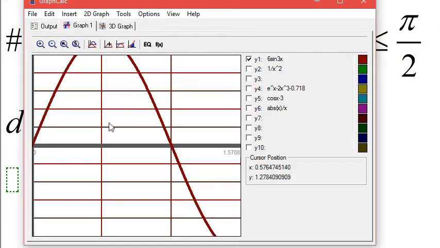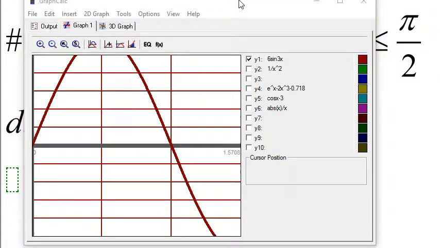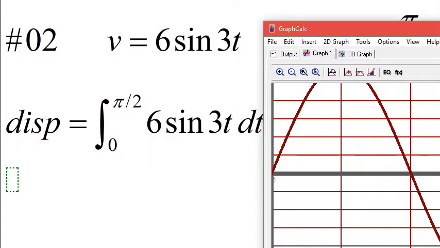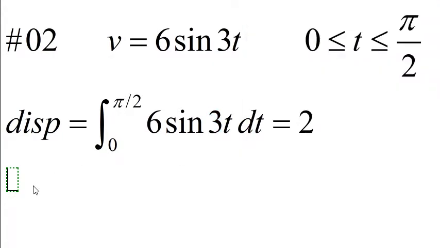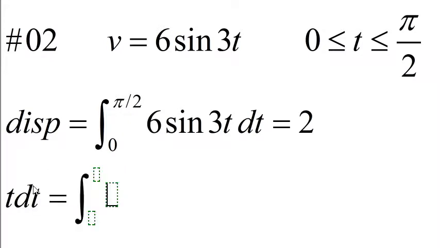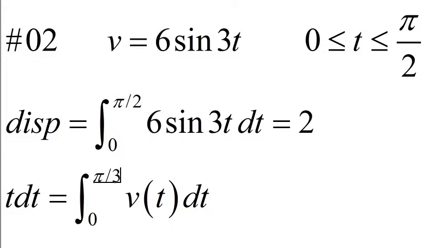So how do I do total distance traveled then? What are the integrals I need to write down? From 0 to pi over 3. So total distance traveled: I've got the integral from 0 to pi over 3 of v of t dt, so I don't have to write that 6 sine 3t again, plus the absolute value.